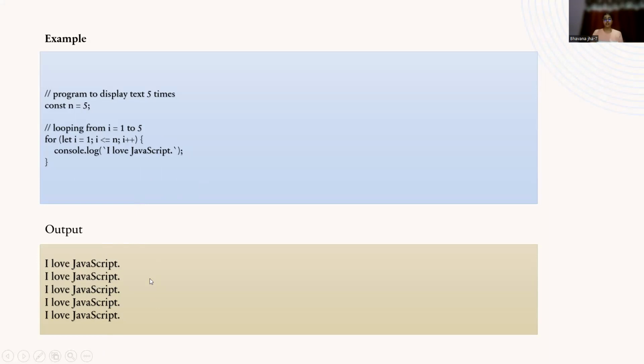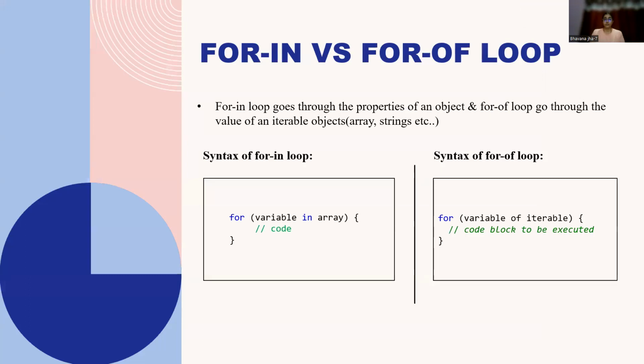Let's move on to our next looping statements, that is for in versus for of loop. Basically, the for in loop goes through the properties of an object, and the for of loop goes through the values of an iterable object. It's simple: we use the for in loop for the properties of an object, and the for of loop is used for array or string values.